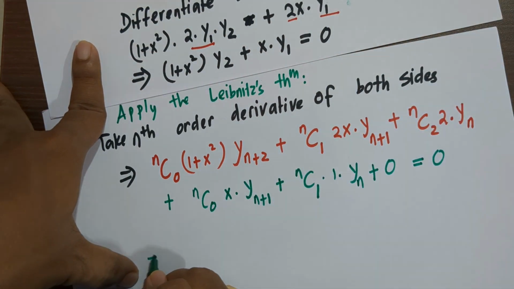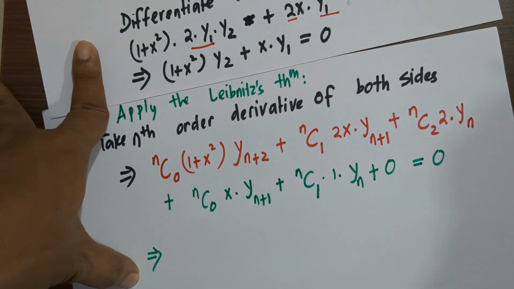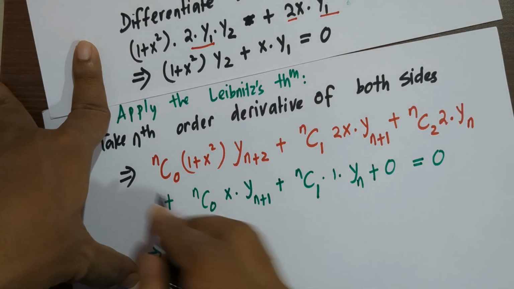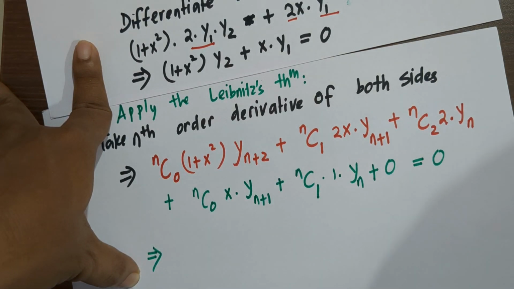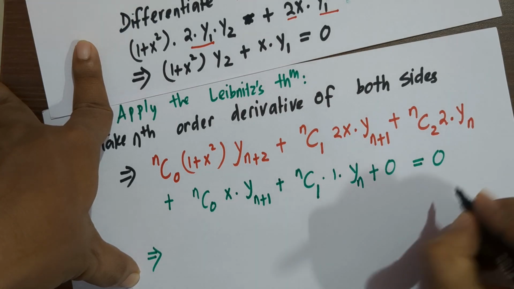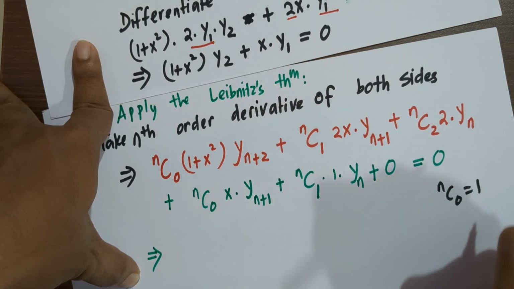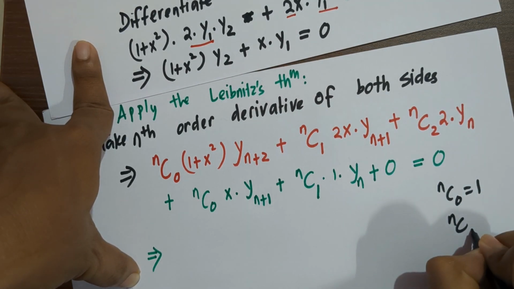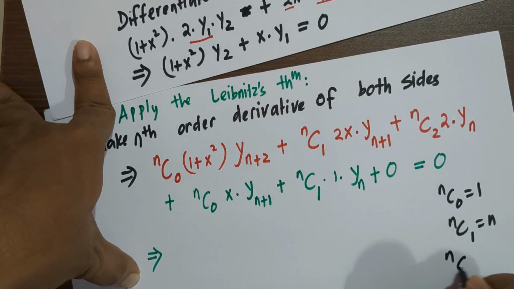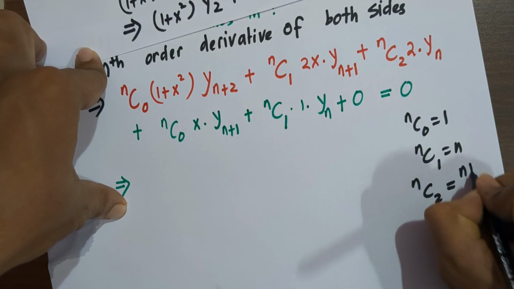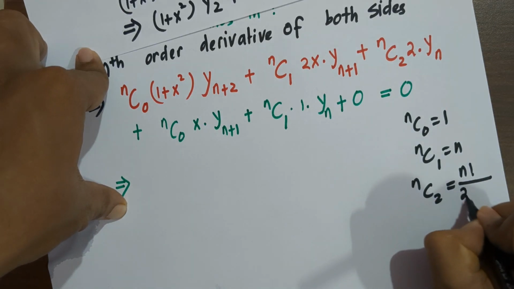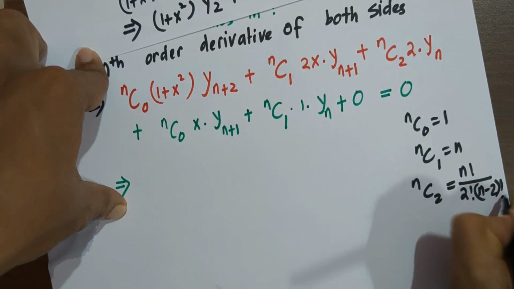So now let's collect all the like derivatives together. Before that we have to put in the values of nC0, nC1, and so on. What is nC0? We have already found, this is 1, nC1 is n, and what is nC2? This is n factorial over 2 factorial times (n minus 2) factorial.